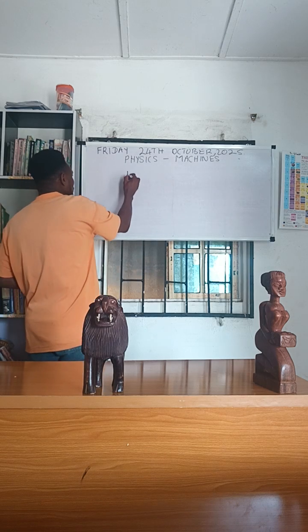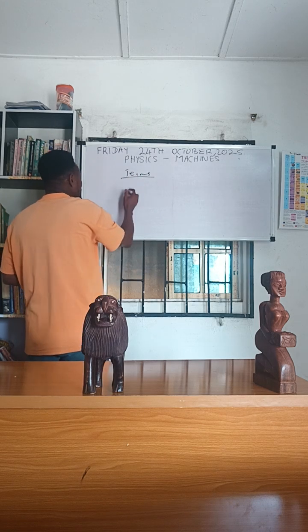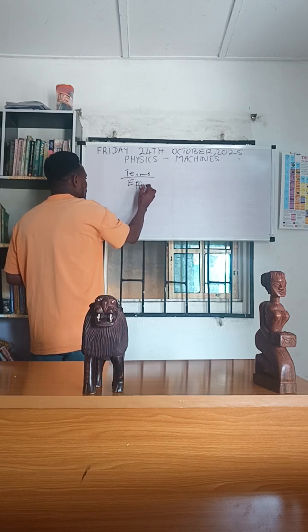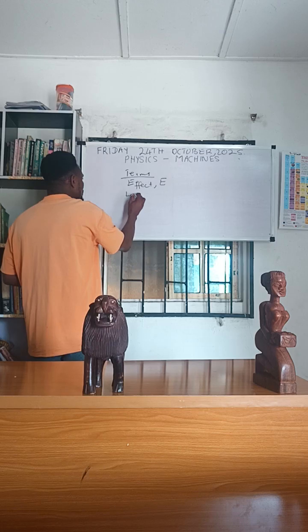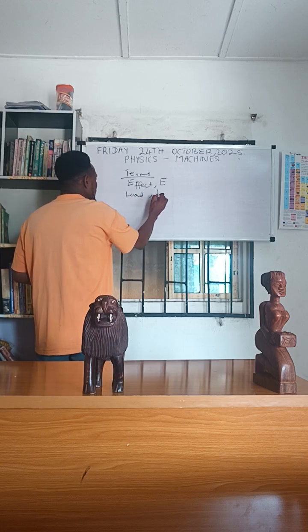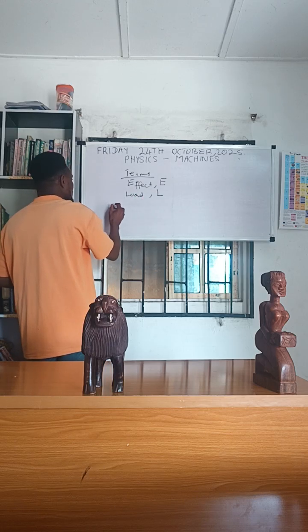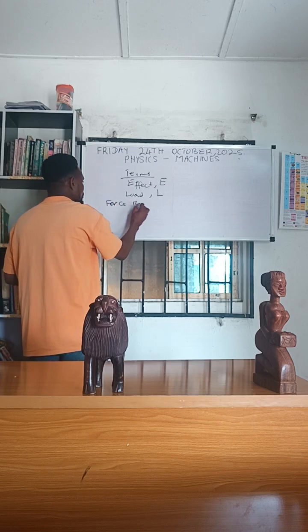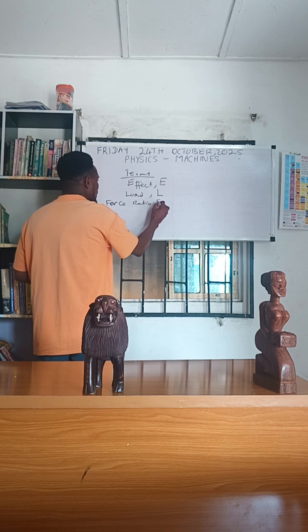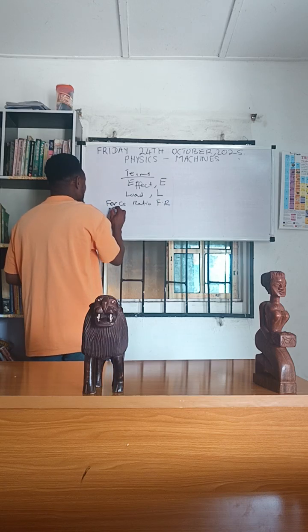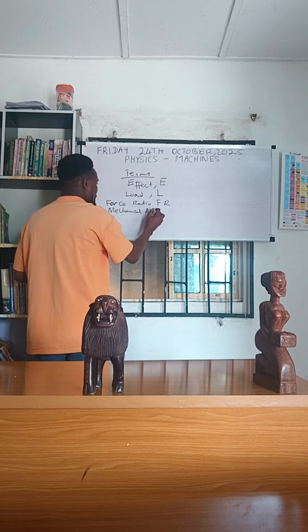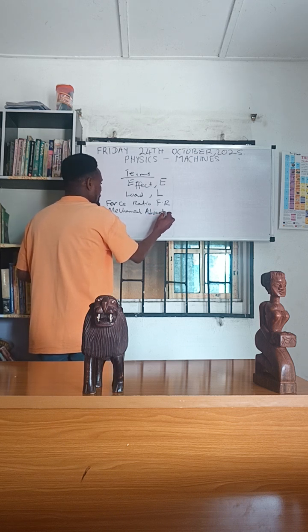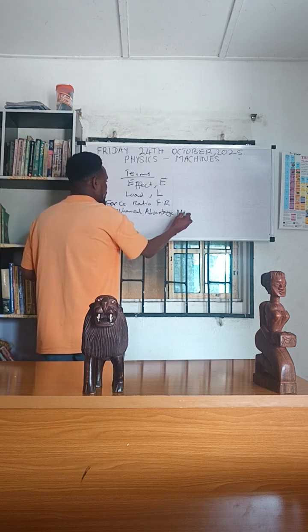One, I have said it before, some terminology. We talk about the effort, symbolized by E. We talk about the load, symbolized by L. We also talk about the force ratio, FR, what we call mechanical advantage, MA.